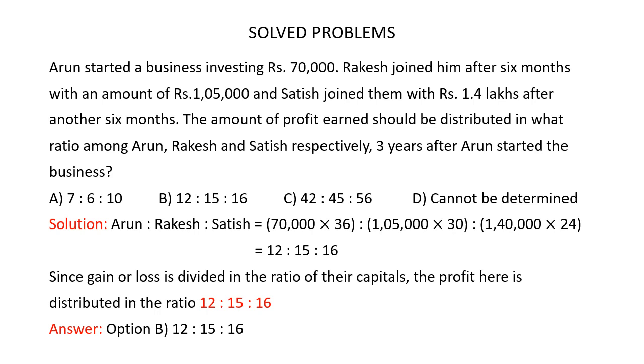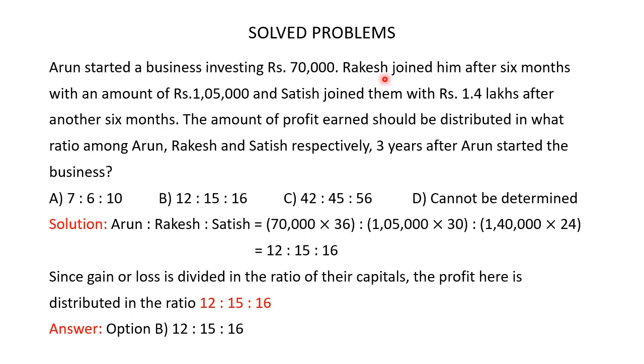So it's given that the amount of profit earned should be distributed 3 years after Arun started the business. So the investment is for 3 years. It's given Arun started a business investing rupees 70,000. So Arun's investment is 70,000 for 3 years, that is 70,000 for 36 months.